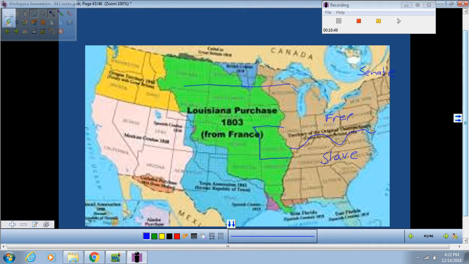And depending on what side they're on, free or slave, it is going to upset the balance that is maintained. And the South definitely doesn't want it to upset the balance and have more free states come from it.